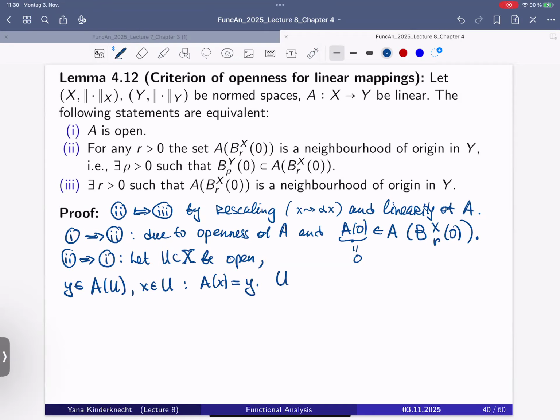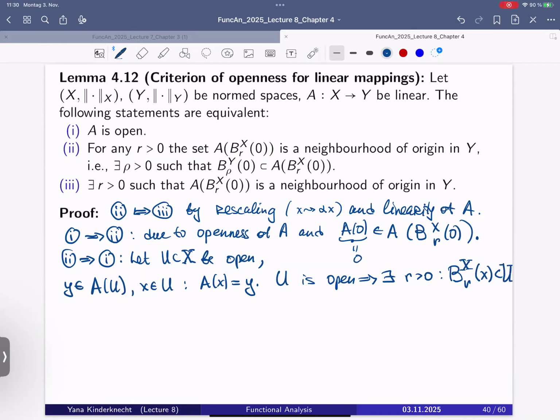So U is open, hence there exists some positive radius R such that U contains the point x with its R-neighborhood.